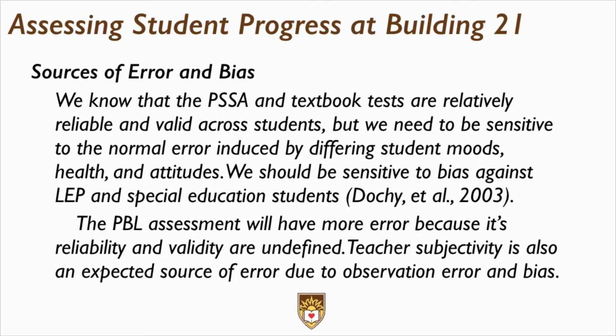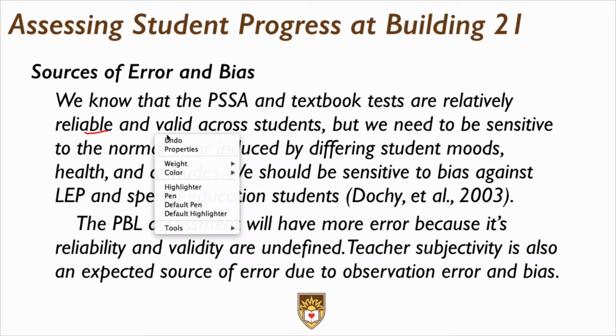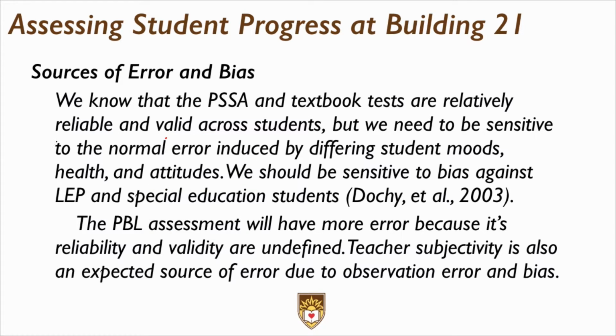Now, we know that all testing has error and bias, and in this case, since there's some teacher evaluated project-based learning, I would want the sources of error and bias maybe in a separate part. So we know that PSSA and textbook tests are relatively reliable and valid across students, meaning sort of on the average.